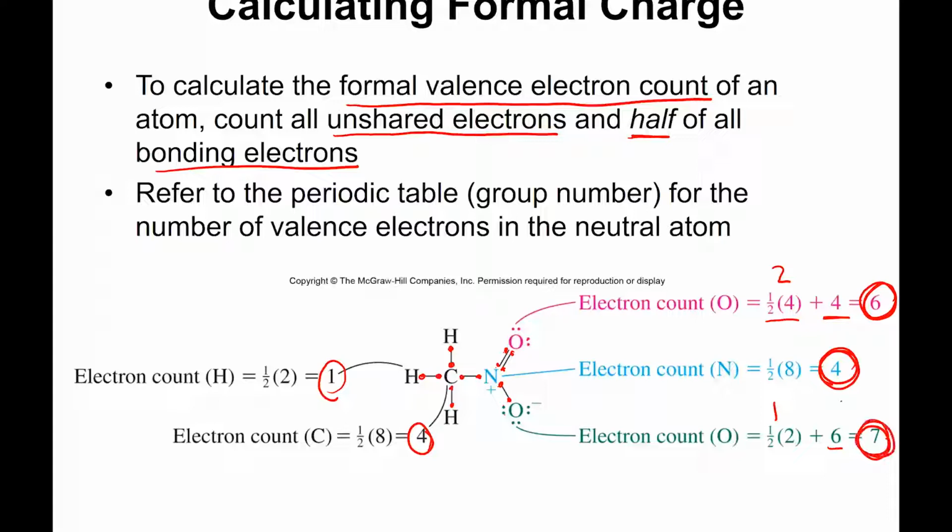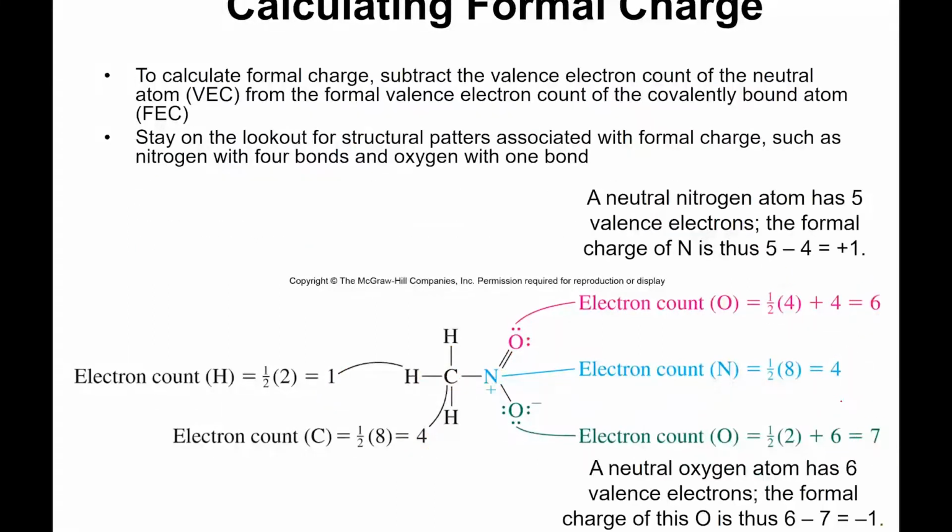And we got a lot of numbers. What do those numbers mean? Well, if we go by our formula shown before, here again is that formula. We're going to take the numbers we counted, and you're going to subtract from the valence electron count, the normal valence electron count of that atom.